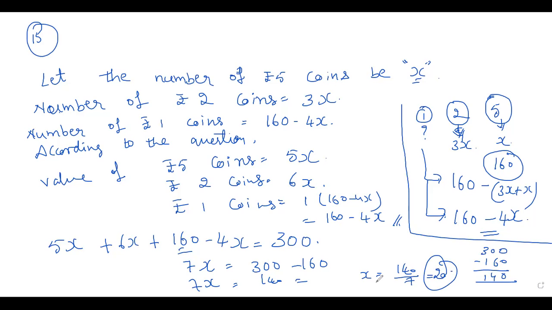What we have taken as x, that is the number of 5 rupee coins. Number of 5 rupee coins is x, so it is 20. Okay, I'll go to the next page. Number of 5 rupee coins is equal to x, which is 20.